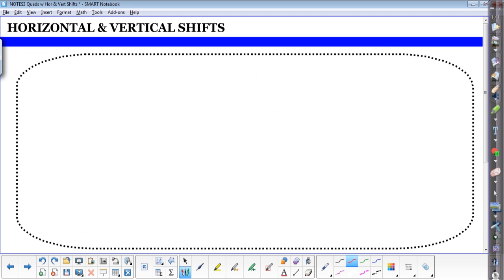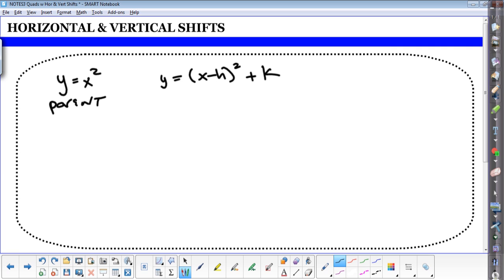Alright, so horizontal and vertical shifts. Here's what quadratic functions look like. This is the parent function. And then we have this. Sometimes we can add or subtract numbers on the inside, and sometimes we can add or subtract numbers on the outside. Okay? If we're on the inside, again, rules are the same. If I add on the inside, I go to the left.